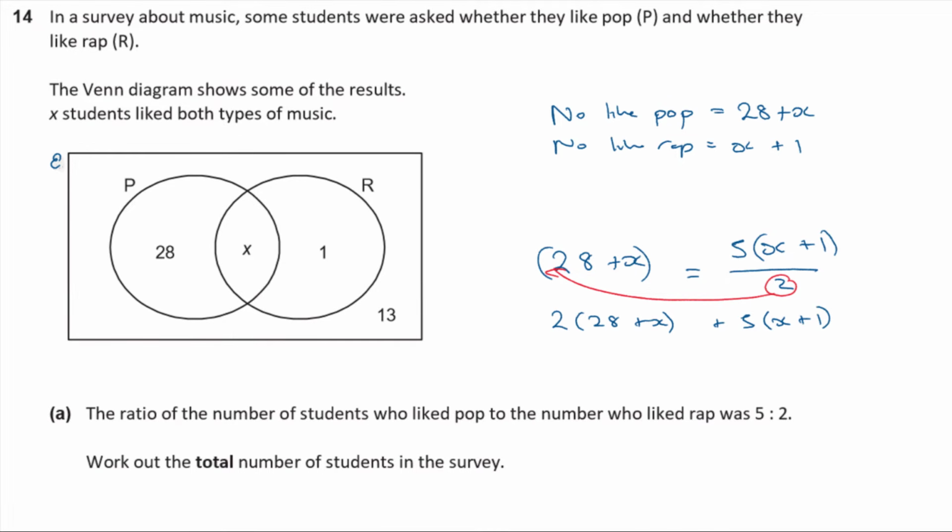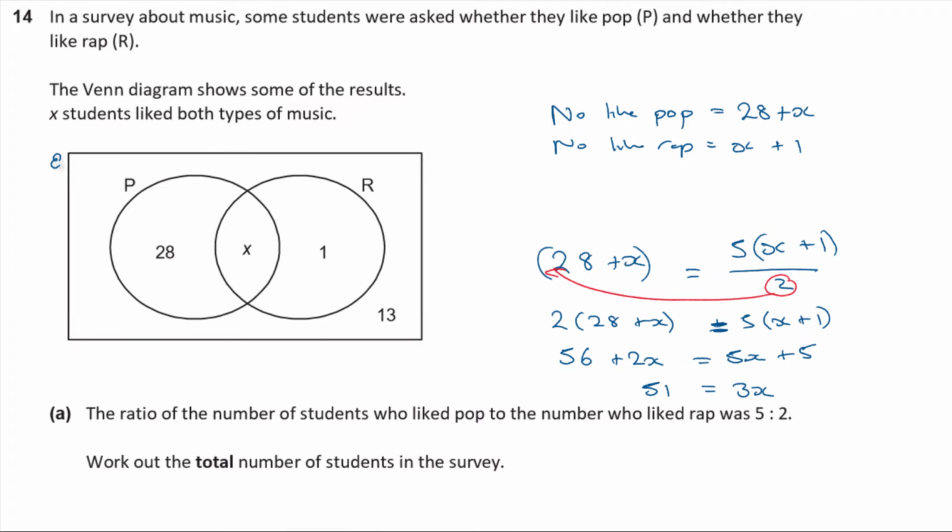Multiplying out the brackets, I'm going to get 56 plus 2x equals 5x plus 5. Taking 2x away from both sides and subtracting 5, I'm going to end up with 3x equals 51.